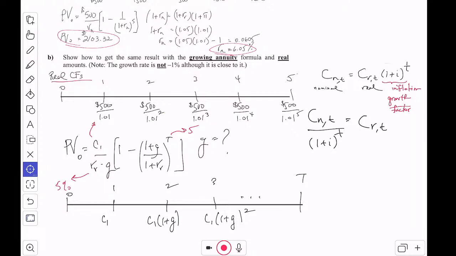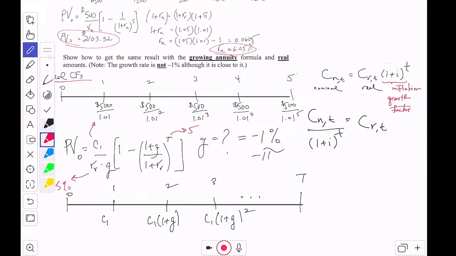Now, you might think, because the growth is not positive, these are decreasing, is it negative 1%, like negative inflation? Nope, that's not what it is. I mean, that's an approximation, but it won't be precise. You won't get exactly the same answer as you got in A.